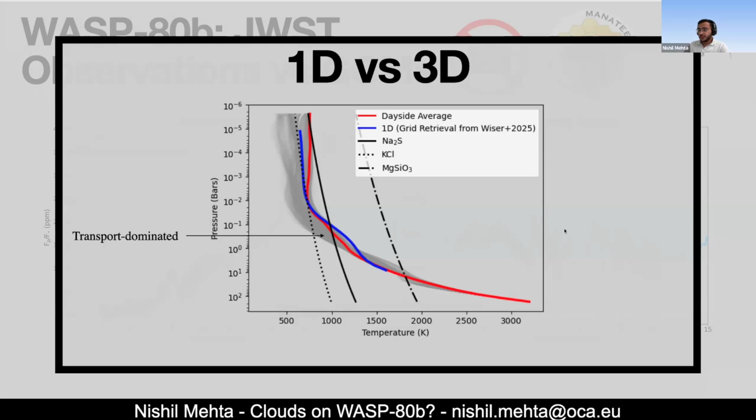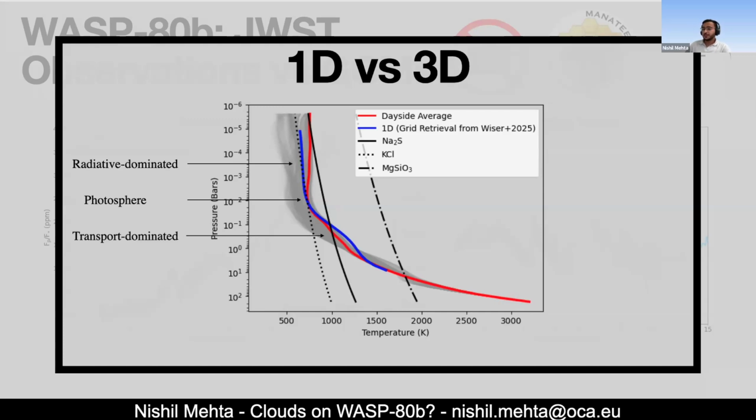Whereas in the photospheric region, the temperature is almost similar between 1D and 3D. And finally, in the upper atmosphere, where it is radiatively dominated, the GCMs are a bit warmer because of the radiative balance it has to keep with the deeper atmosphere.